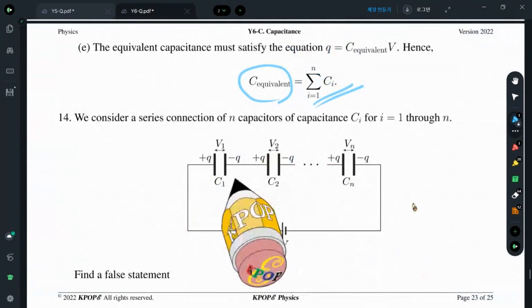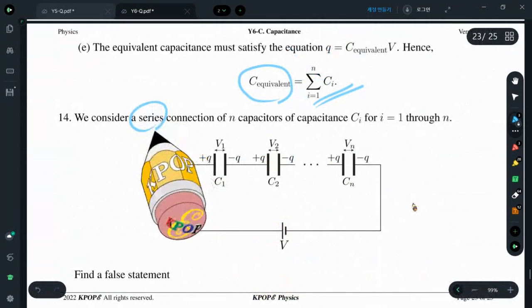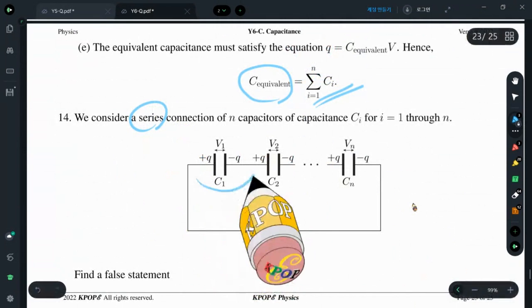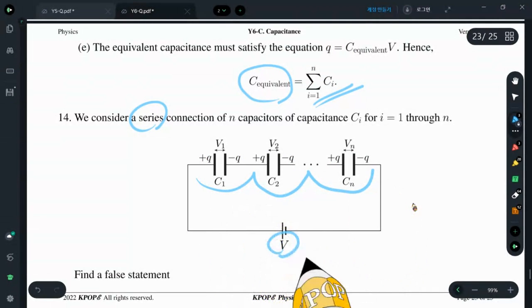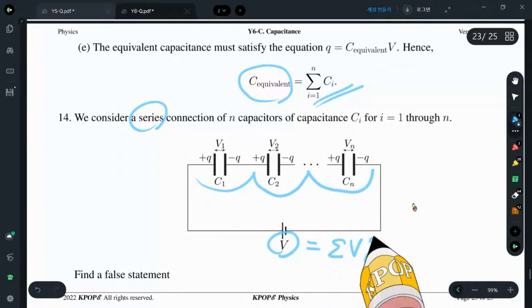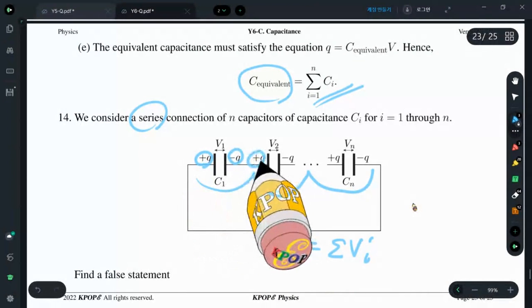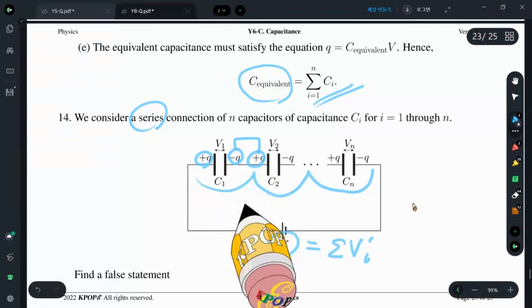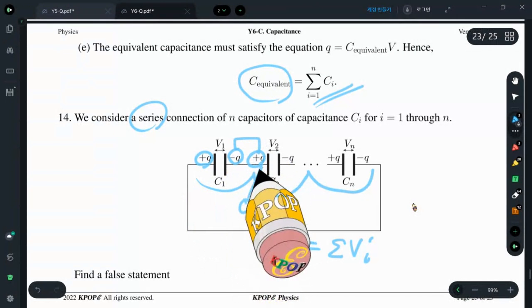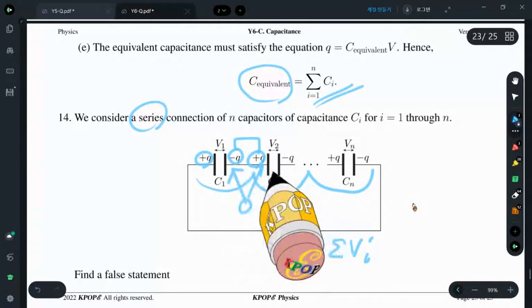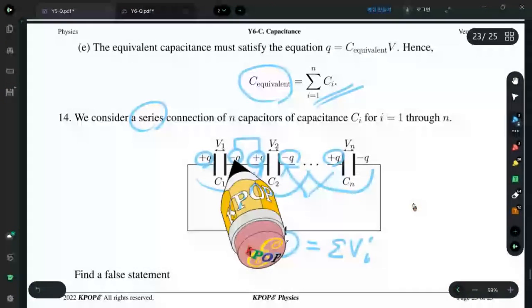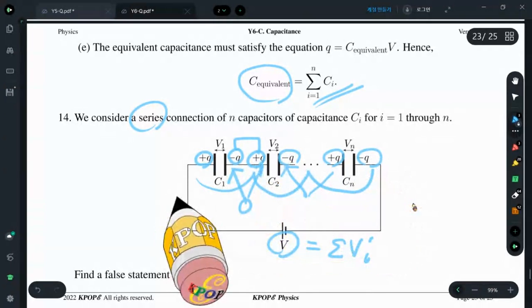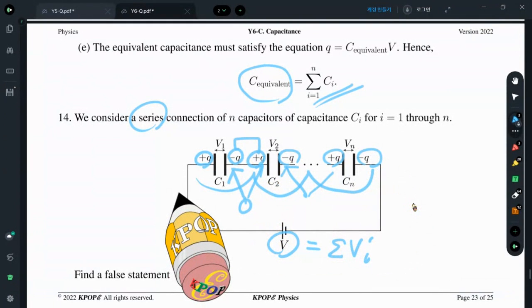In case they are connected in series, this is a serial connection, and the potential should be added. So this potential is the sum of the Vi. The charge came from 0 and was separated to Qn minus Q, and this one should also be Qn minus Q. This charge is equivalent everywhere.